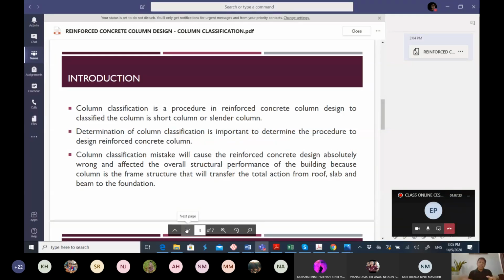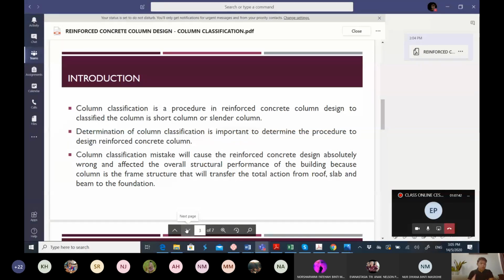Same as what we have learned in beam and slab: different types of column, beam and slab have different procedures to be adopted to design the element. A column classification mistake will cause the reinforced concrete design to be absolutely wrong.